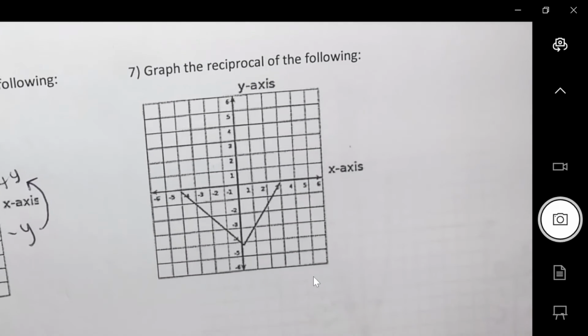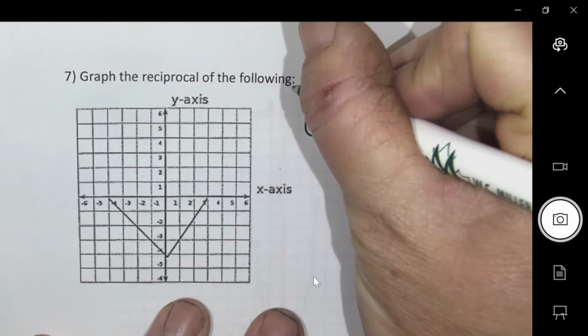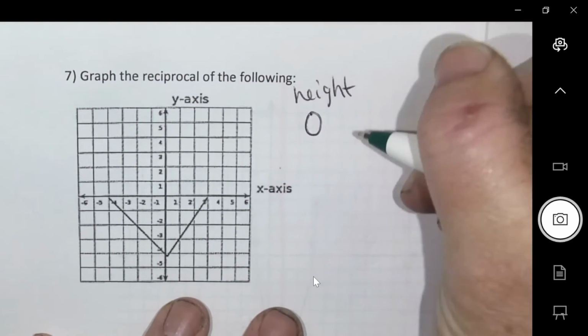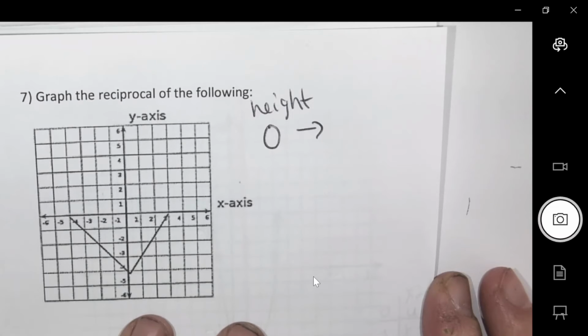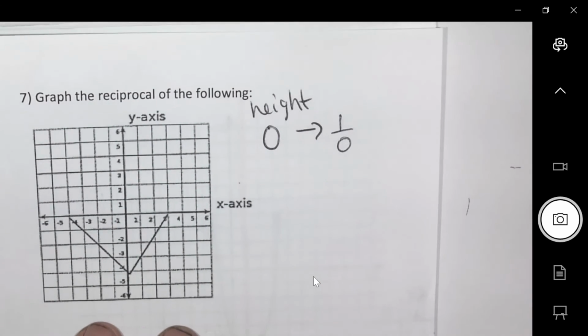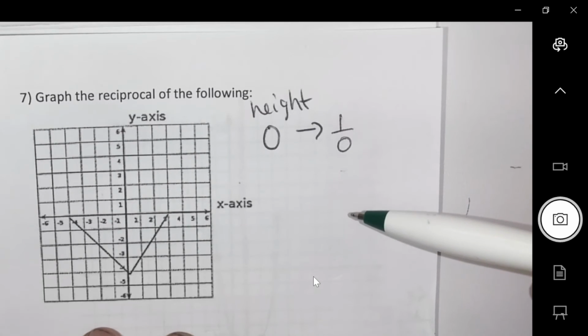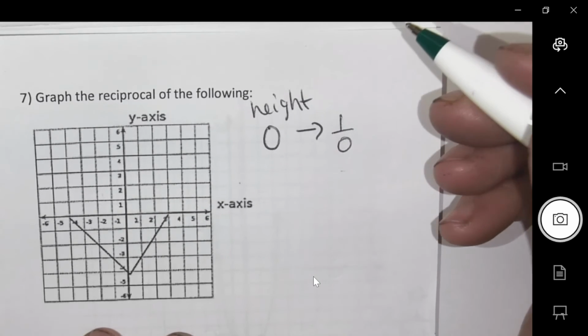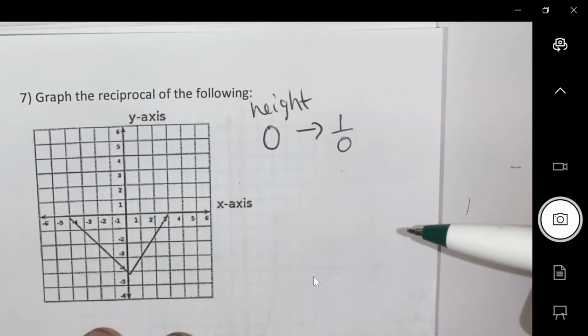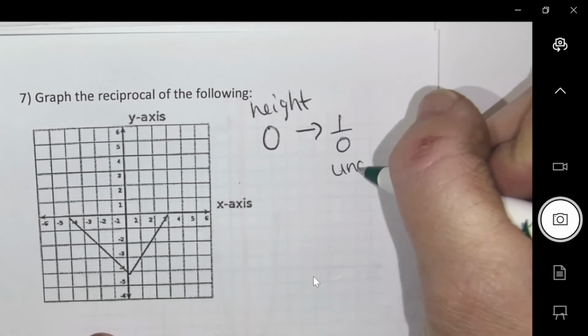Okay, graphing a reciprocal. So the first thing I do is a height of 0 because the reciprocal is 1 over 0. What is this number in math? How do we say that number? What is 1 over 0? Undefined.